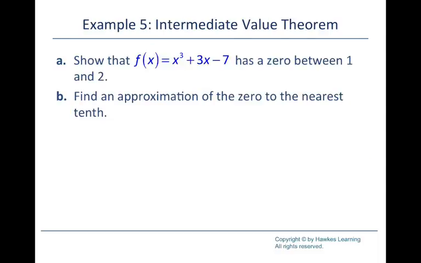So, show that x cubed plus 3x minus 7 has a 0 between 1 and 2. Find an approximation of the 0 to the nearest tenth. First, to see if there is one between 1 and 2, I'm going to do f of 1, which is 1 cubed plus 3 times 1 minus 7, or 1 plus 3 minus 7, or 4 minus 7, which is negative 3.